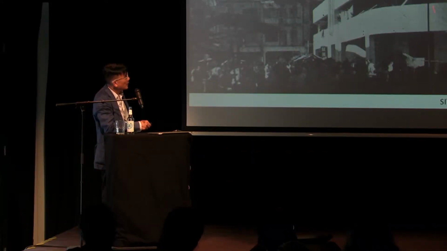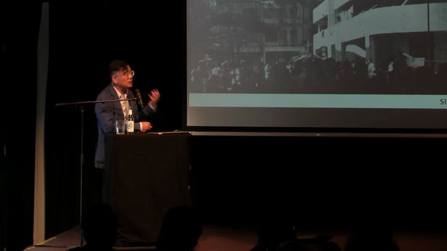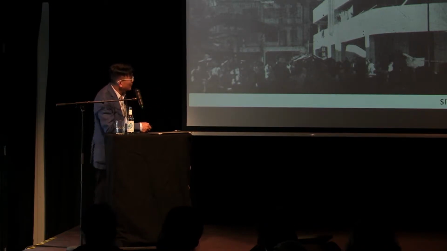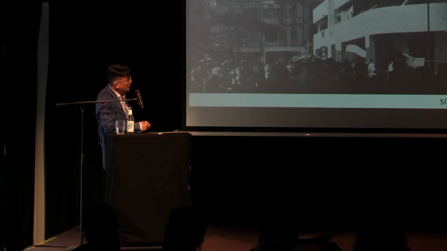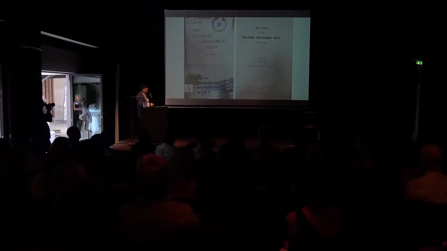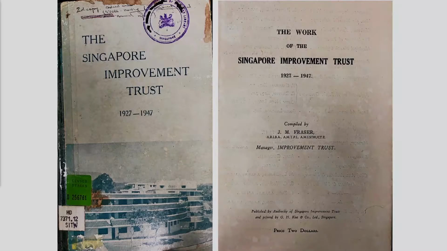A very contrasting image of the living conditions around the central district in Singapore, but a very modernized living in the middle. The Singapore Improvement Trust was set up in 1927 as a way of addressing the issues of the inner city, of the slum, of the crowdedness, of the sanitary condition.